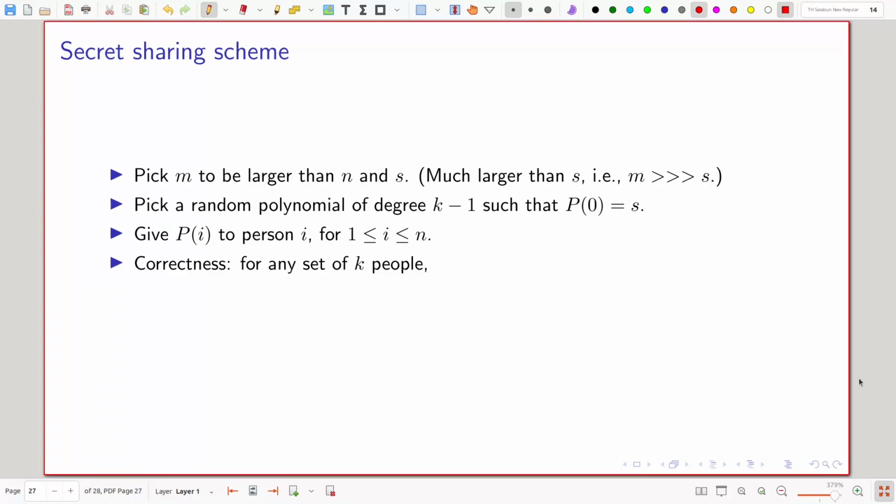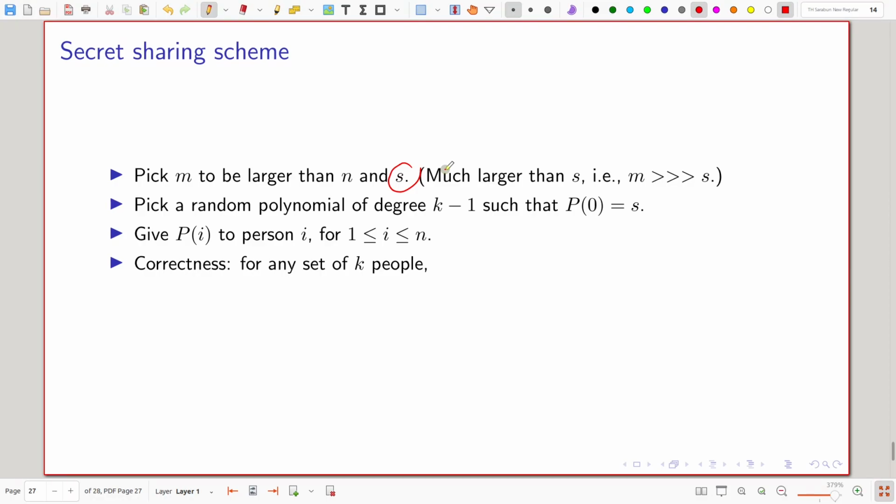First of all, if our secret is S and the modulus is M, we do everything modulo M, right? So if M is less than S, then your secret will be gone after mod M. So you need the modulus to be larger than the secret. And moreover, you need to give people points, right?